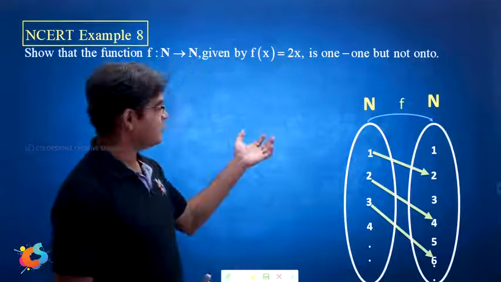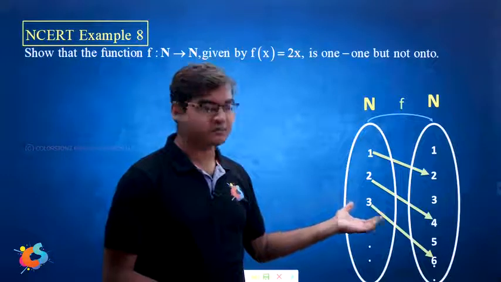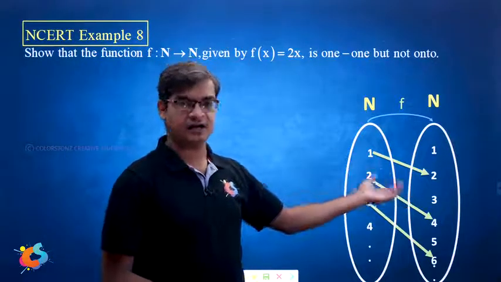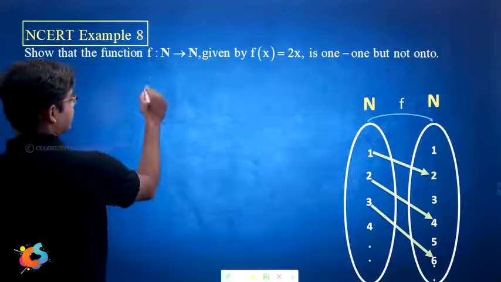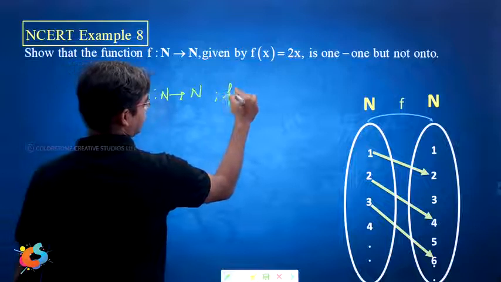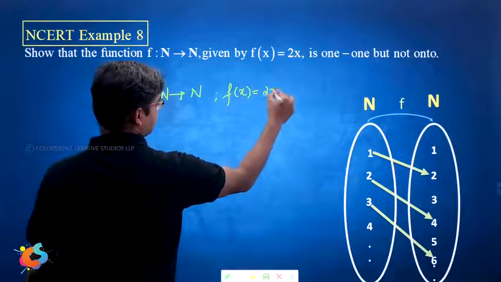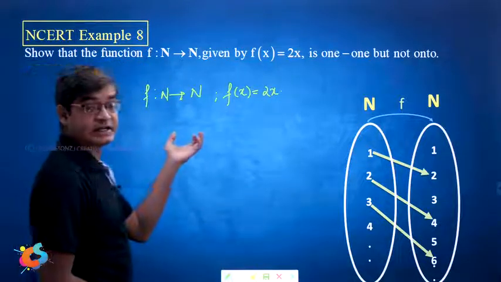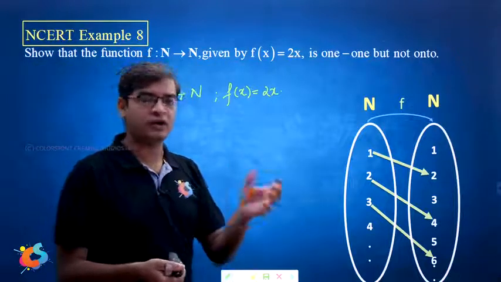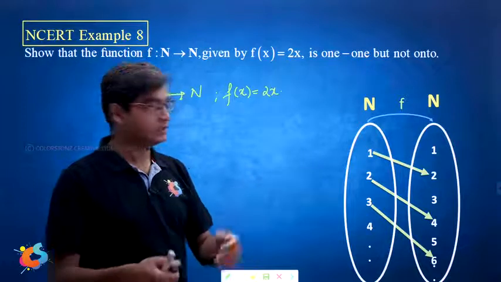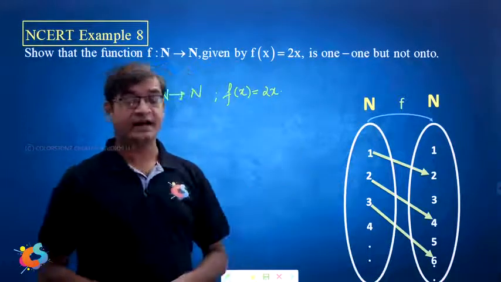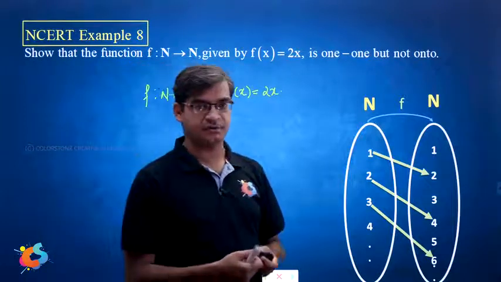If you are doing the same question in competitive exams, you can see it here and right away have the answer. f of x is equal to 2x, f maps from N to N. Is it 1-1? Is it onto? If those are the options, 1-1, onto, 1-1 but not onto, all of that, in that case you already have the answer. There is nothing to write as if you're writing in boards.